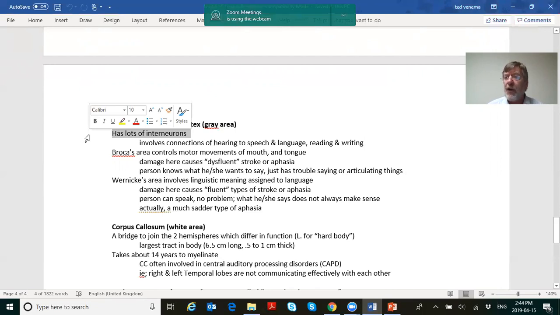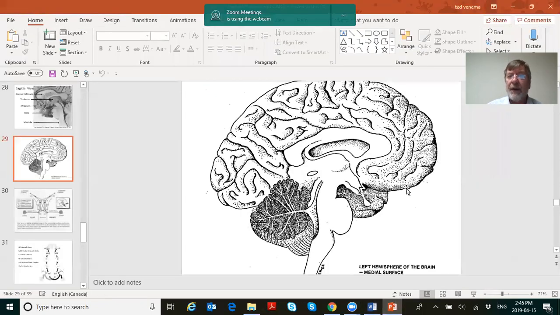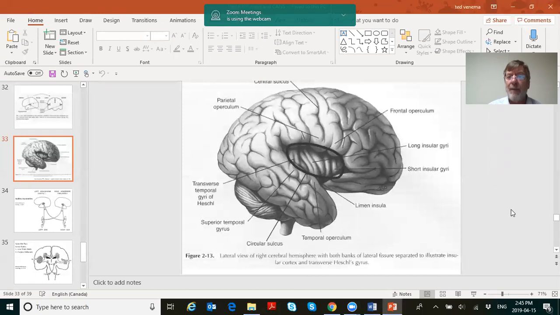Not big long tracts anymore, but little tiny tracts that are connecting everything together. So now hearing gets connected to speech, to language, to reading, to writing. And let's see if I've got a picture that can show it even better here. This might not be a bad picture right here.